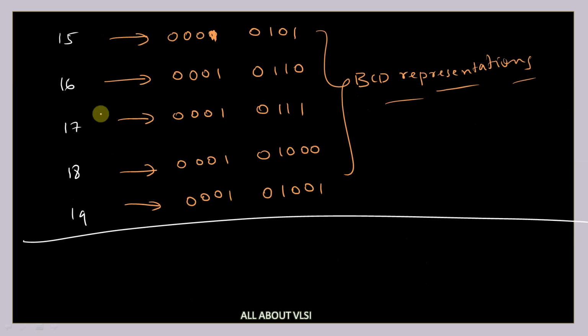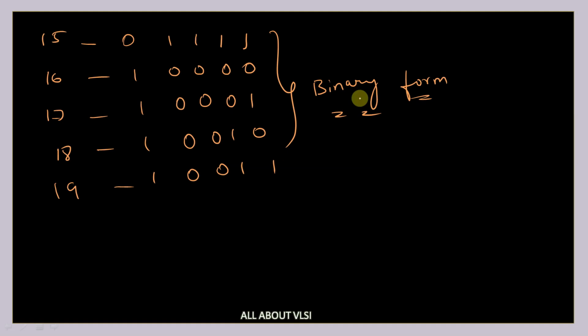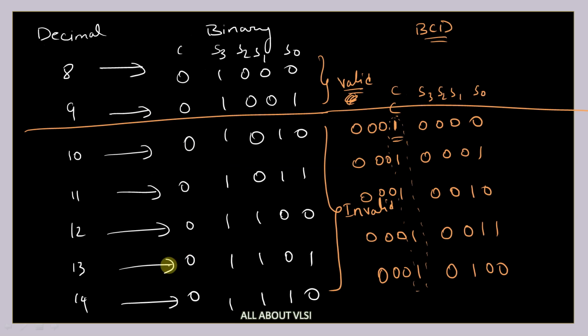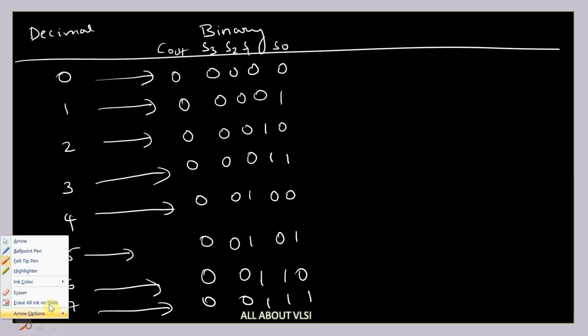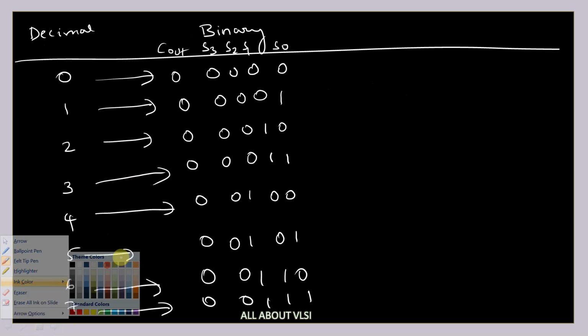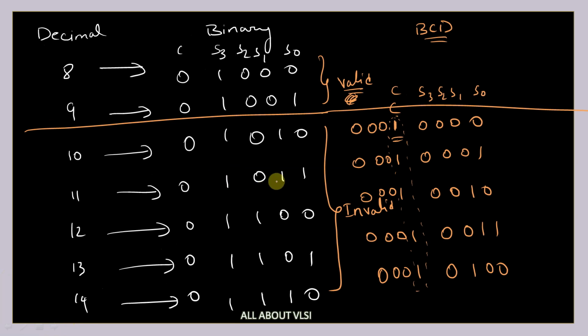So let me write from 15 to 19 the binary representations also, 15, 16, 17. Now we need to find out the relation, and we need to find out the equation, we need to form some equation.